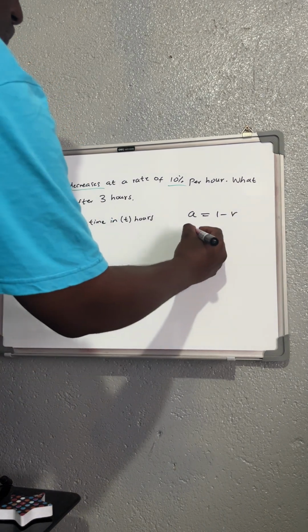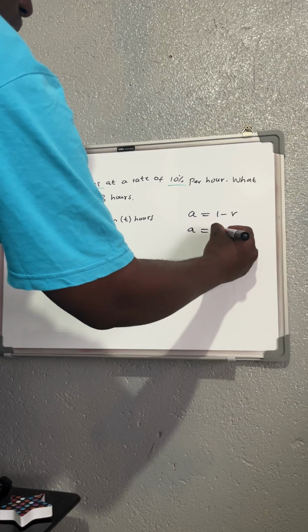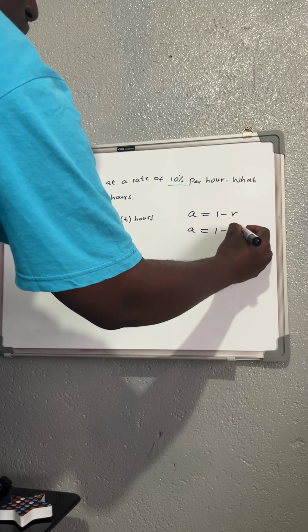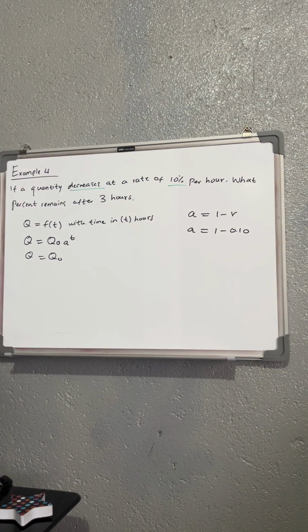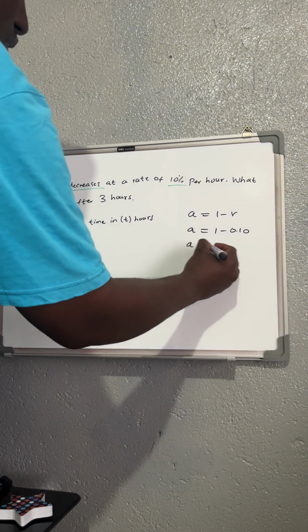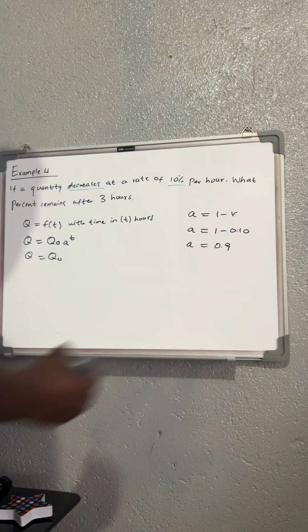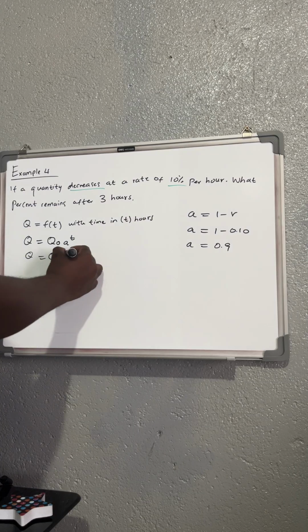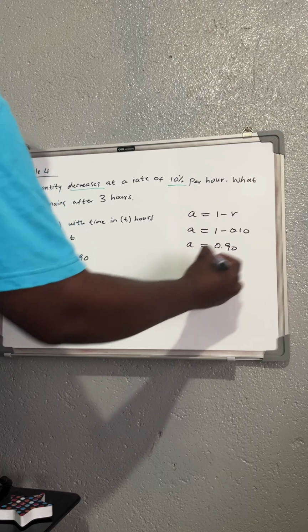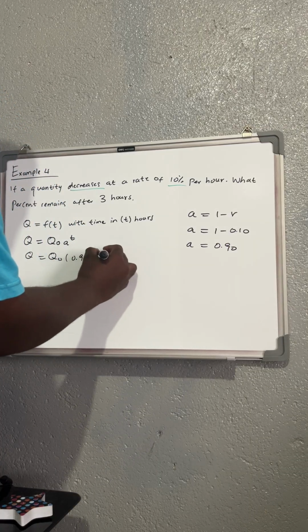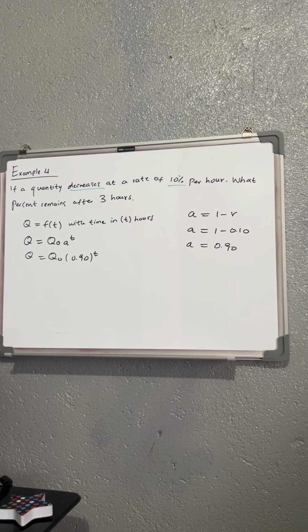We'll say our a would be equal to 1 minus 0.10. We're just dividing this by 100. Then your a would be equal to 0.9. Then we can just say we have that 0.9 or 90%, then we have it to the exponent t.